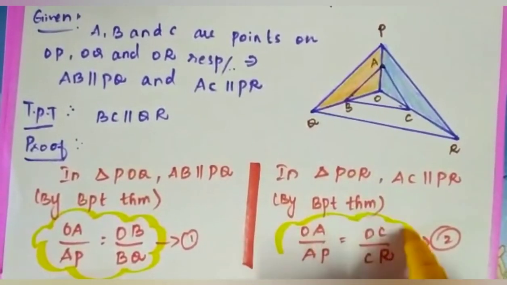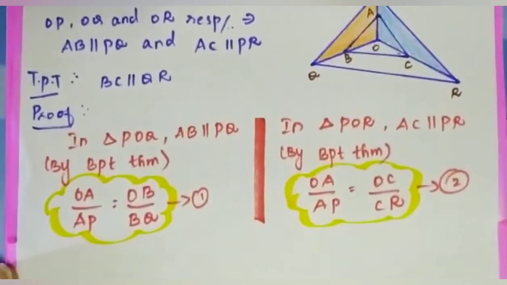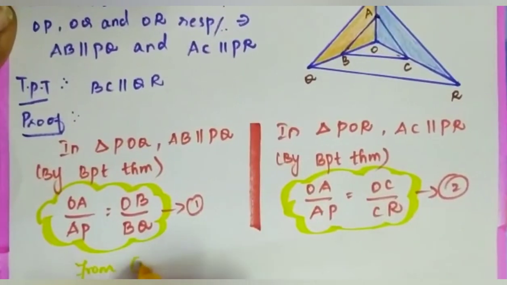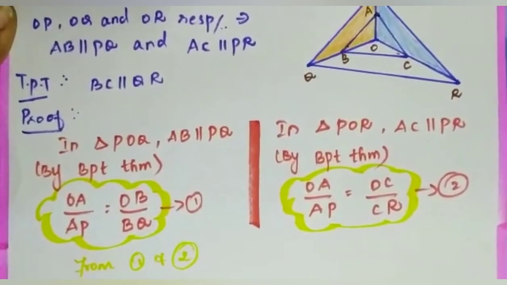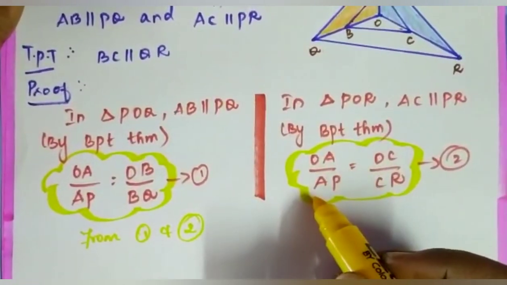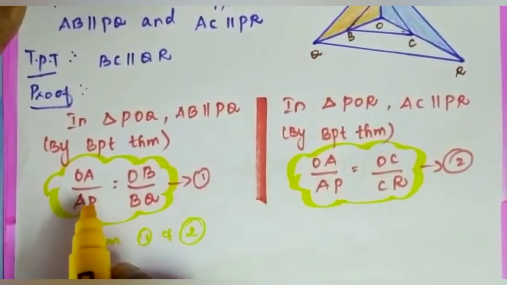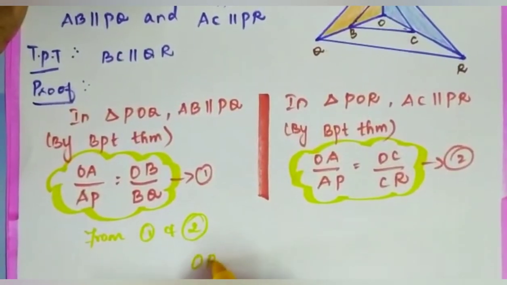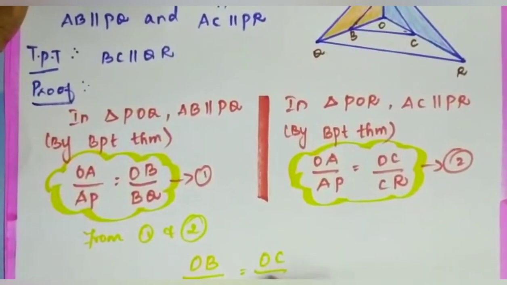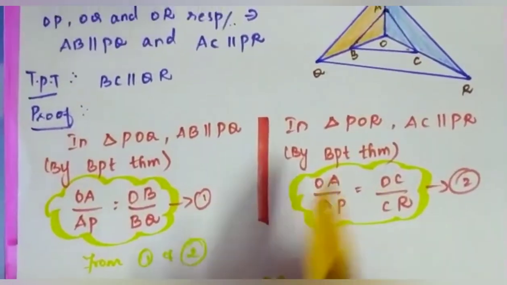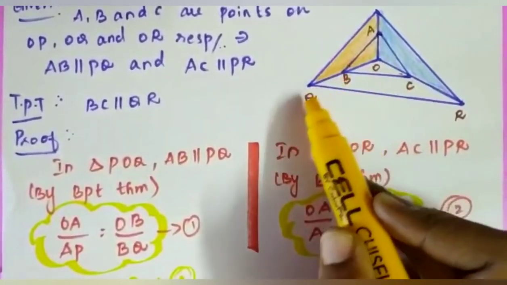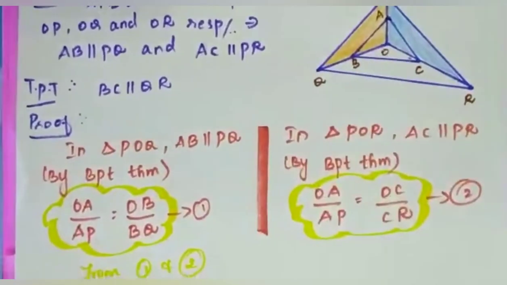Next, from 1 and 2, which one can we cancel? OA divided by AP, OA divided by AP, we can cancel these. So remaining is OB divided by BQ, OC divided by CR. Therefore, the sides of this triangle are in same ratio, OB divided by BQ, OC divided by CR.